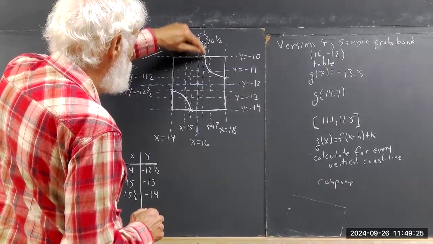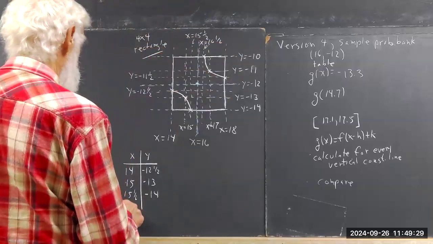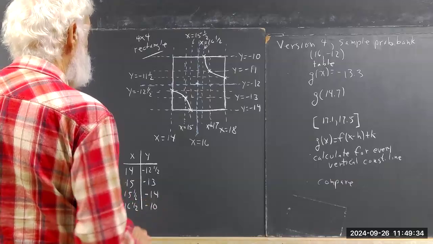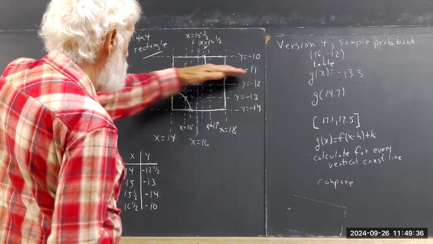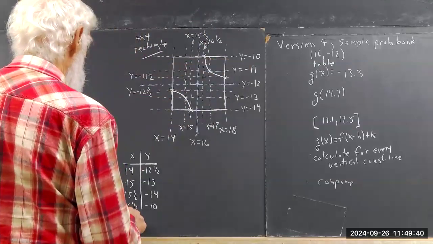Now this point is on the x equals 16 and a half line and on the y equals -10 line. This point is on the y equals -11. Well, let's do it. X equals 17, y equals -11.